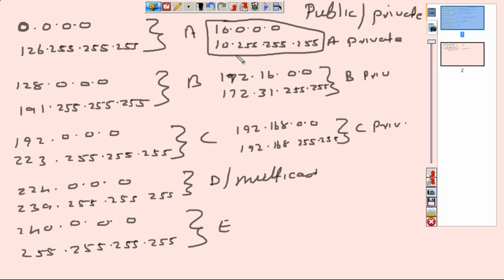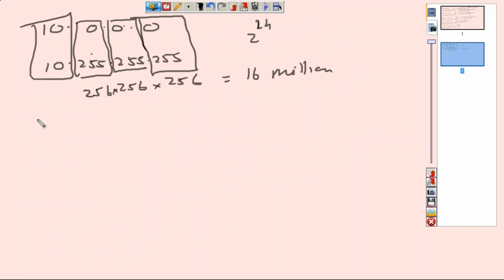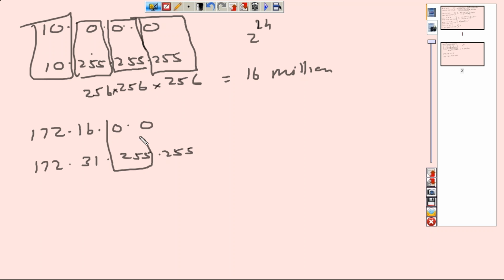Likewise, in your Class B, how many would that be? Let's take it out to the next page. You have 172.16.0.0 to 172.31, right? So if you look at these sections, how many do you have? 256 and 256? And here what do you have?